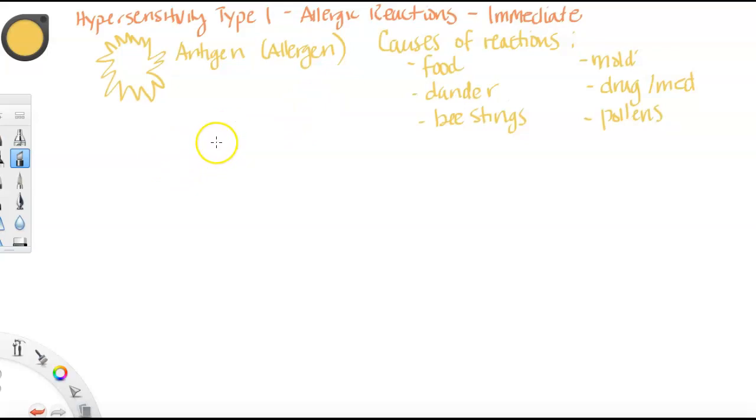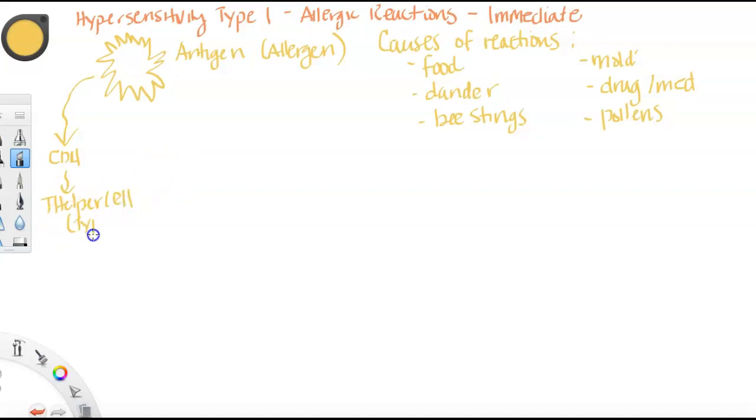So basically what happens is we have this antigen, and basically this antigen is, or binds to, or is presented to a CD4 cell. Okay, so a CD4 cell, of course, becomes a T helper cell. And it's a special kind.